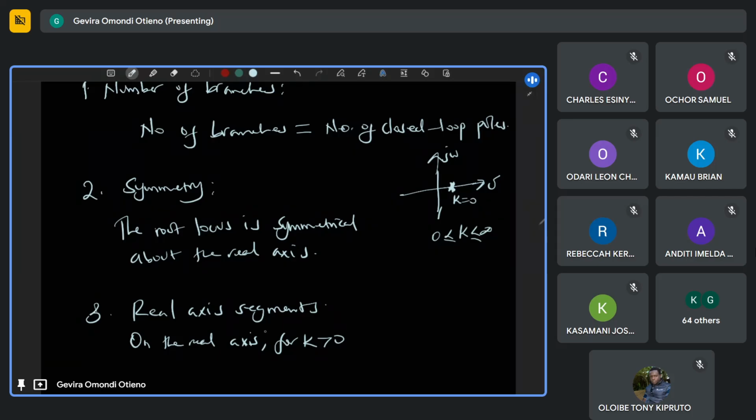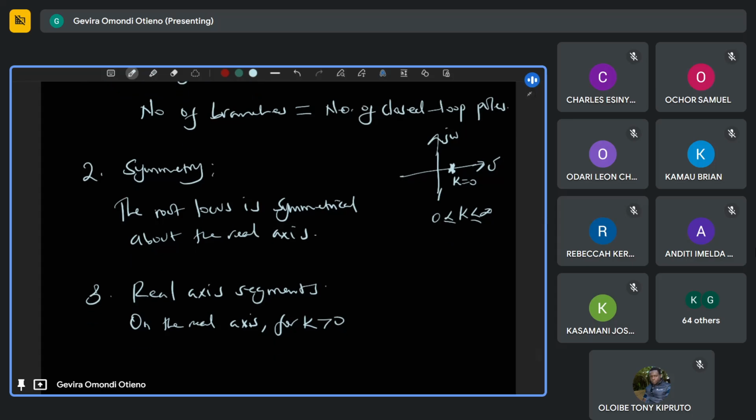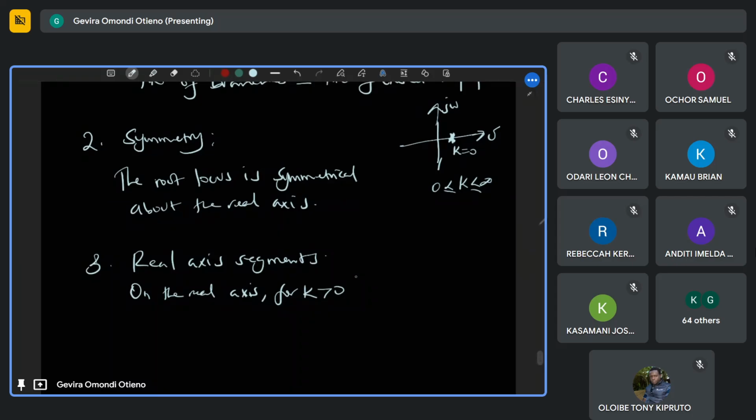So on the real axis, okay, we are saying that for a gain that is greater than 0, the root locus exists to the left of an odd number of real axes. Let me just write it fast, then I explain. The root locus, I'll denote root locus with RL so that I don't keep writing that.